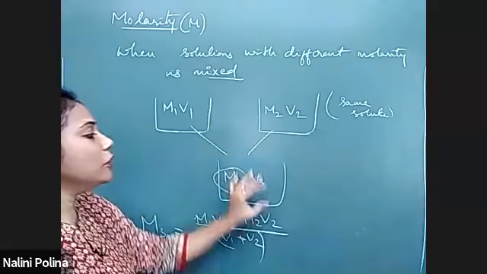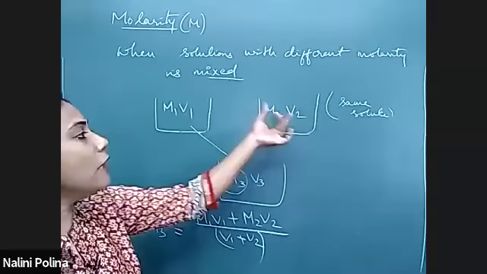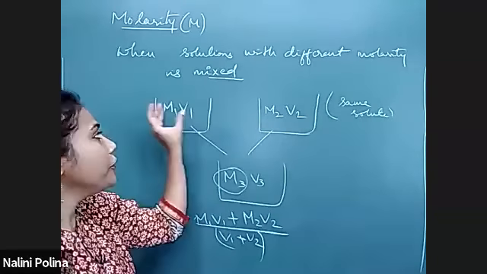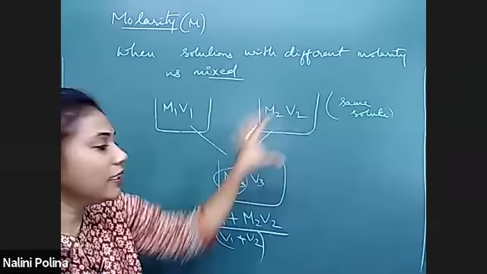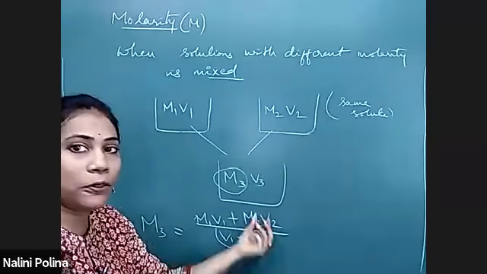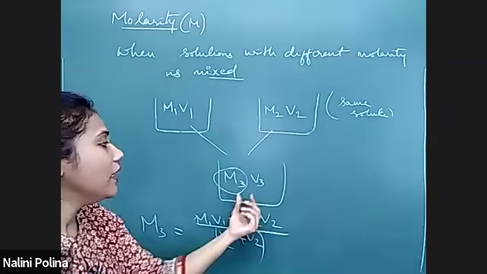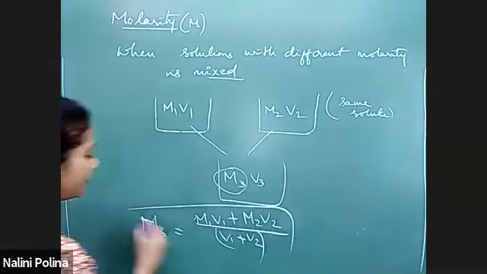Volume will be equal to the volume of both the solutions, right? If you add 100 ml of this solution with 100 ml of this solution, then the third solution will have 200 ml, right? So volume is always the addition of V1 plus V2. So this is the formula you have to use.